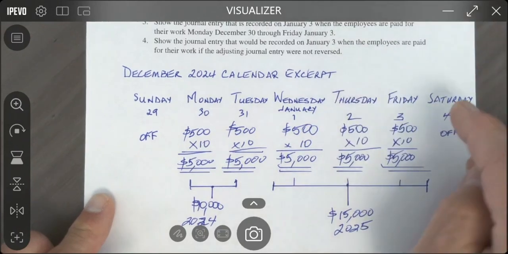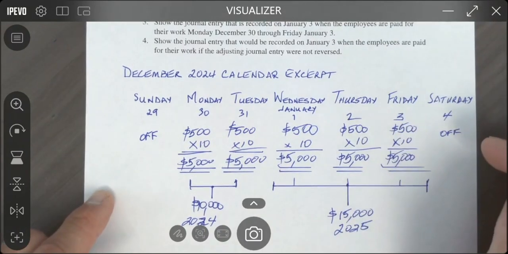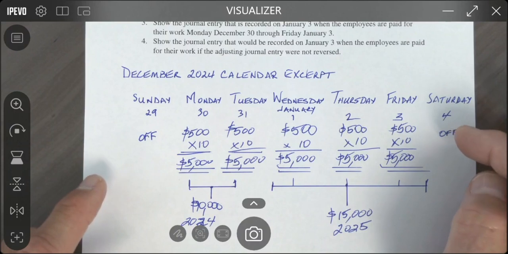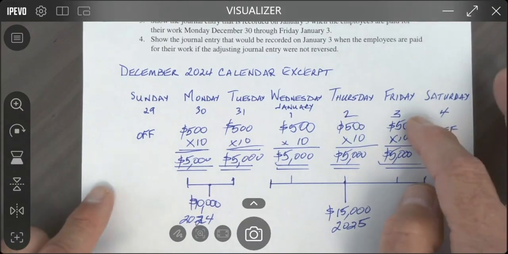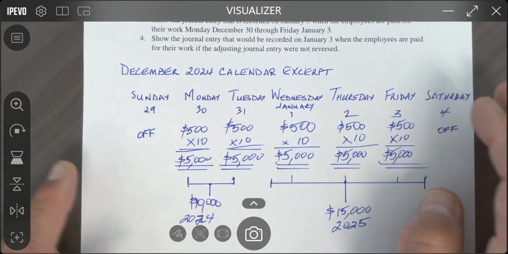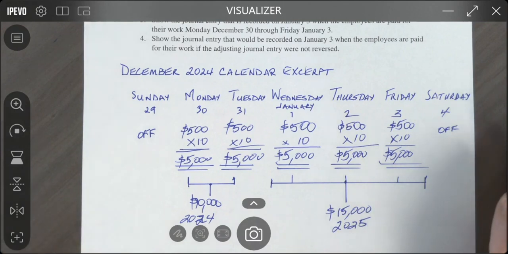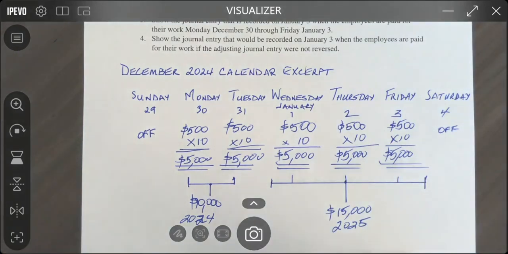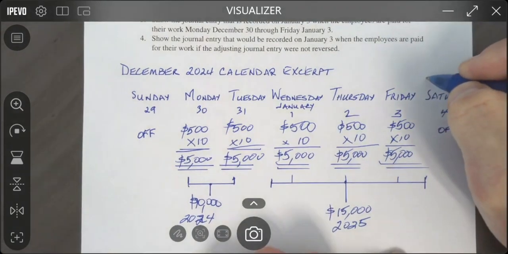Each of them earned $2,500. So we can write ourselves a note here.